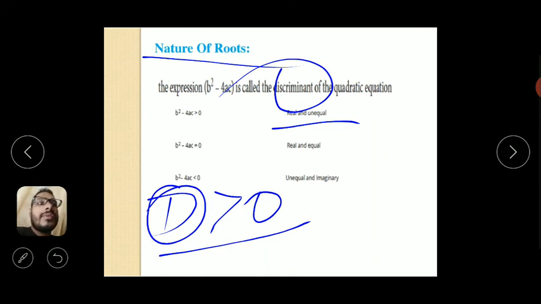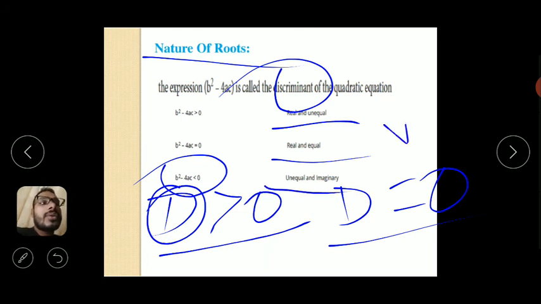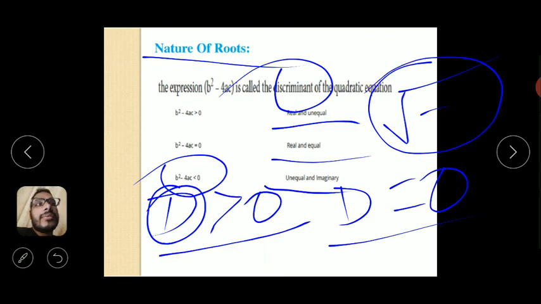Whereas if d is equal to 0, if discriminant is equal to 0, in that case you will get real and equal roots. And for less than 0, b square minus 4ac less than 0, you will get unequal and imaginary roots, because by putting the value of d in a square root, you get something negative, and this negative goes with imaginary numbers, which will be taught in class 11th.